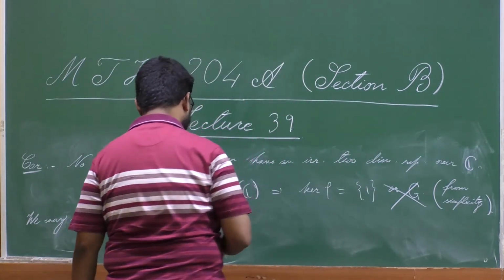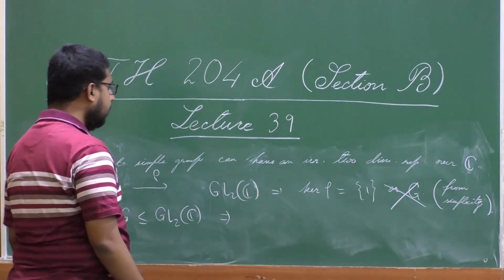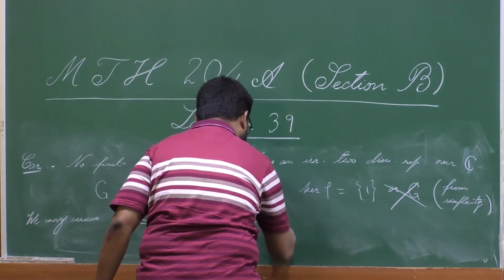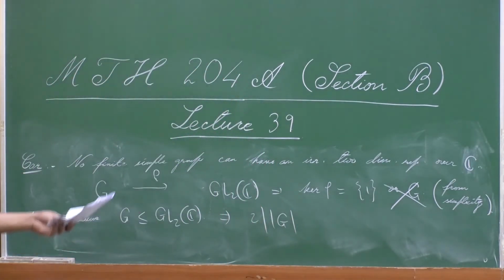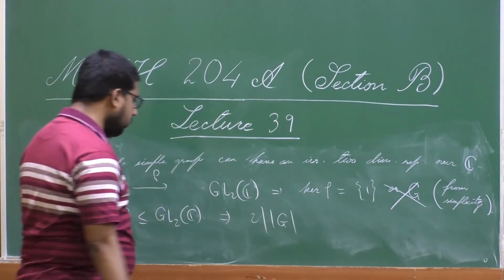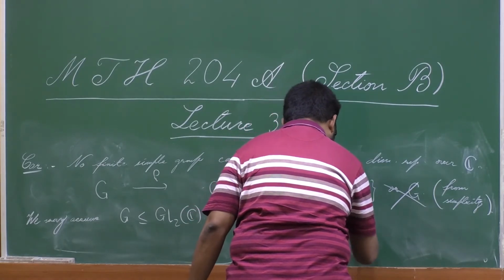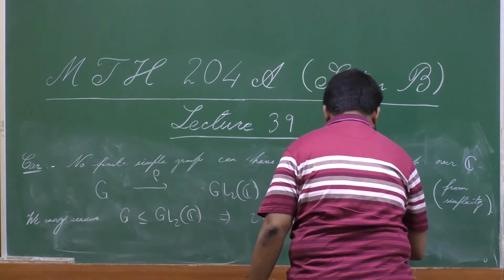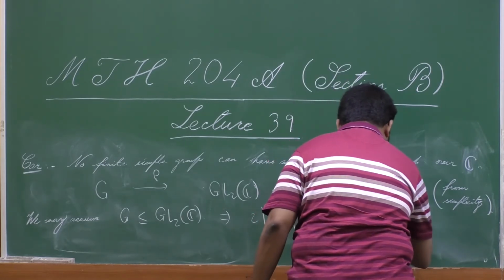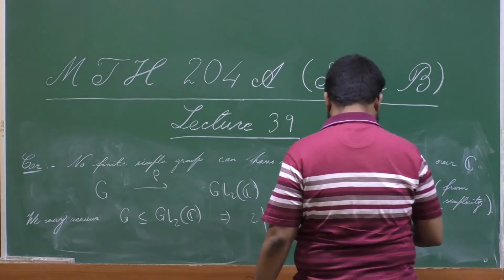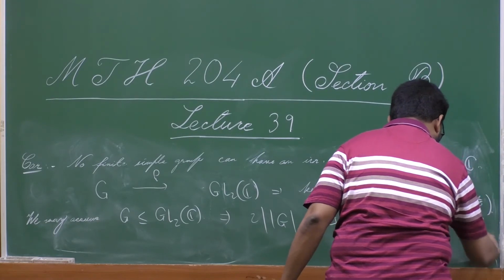Now one thing is very clear, that 2 has to divide the order of G in view of the dimension theorem, because our irreducible representation has dimension 2. So there is an element g in G of order 2.